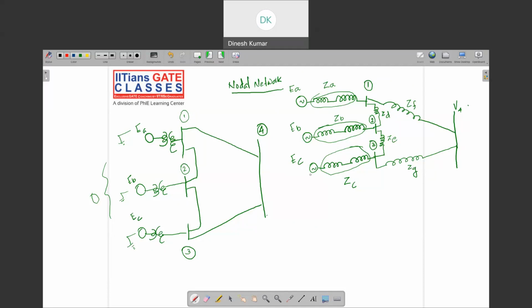The first step is to convert all voltage sources to current sources. We have to use a source transformation to current source. So I will just draw the equivalent thing here.